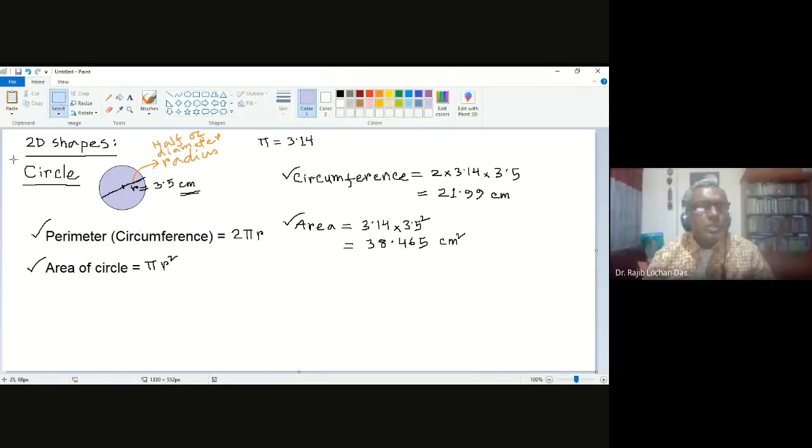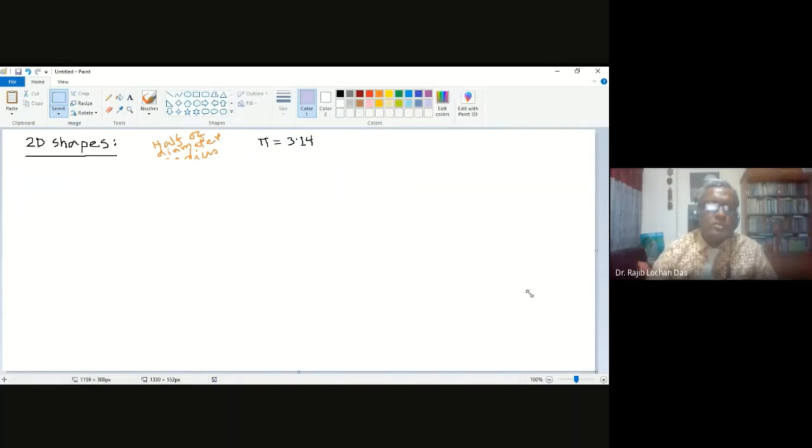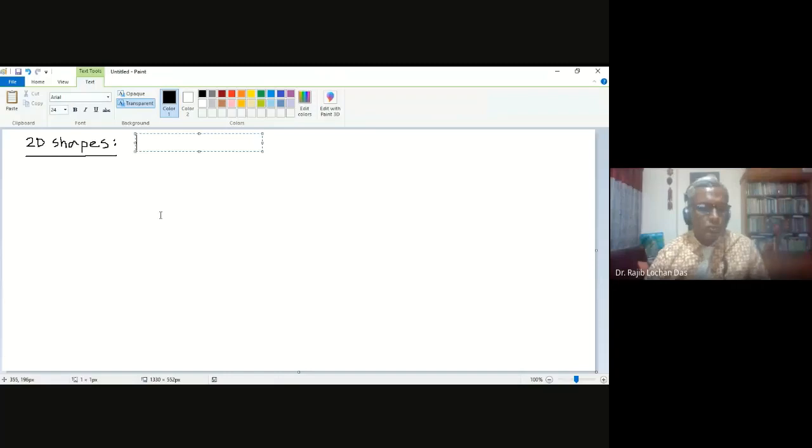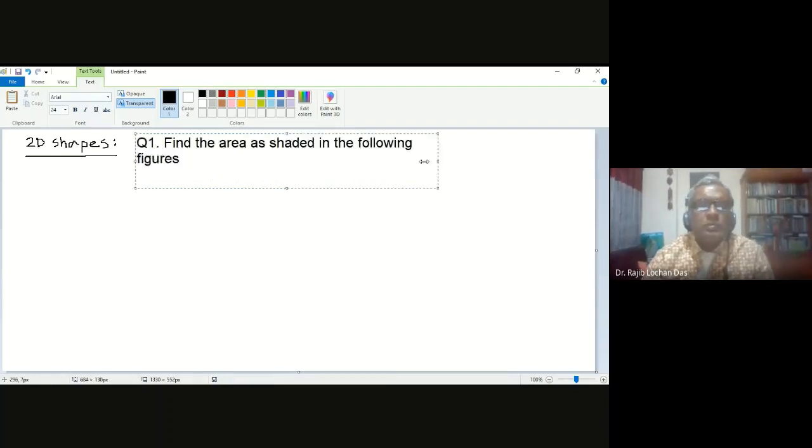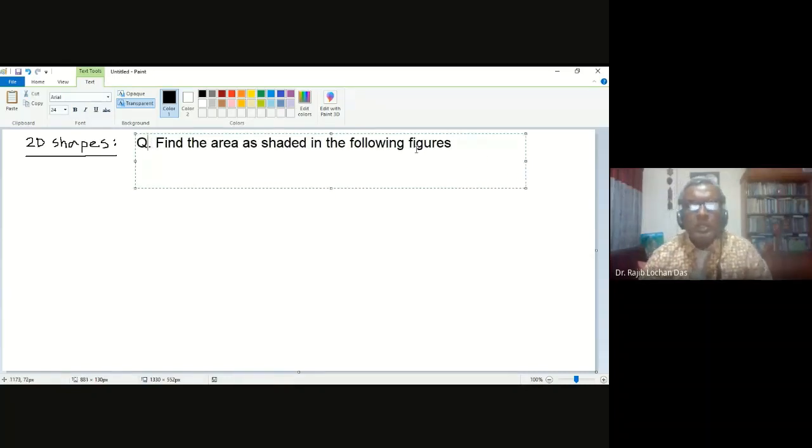Okay, good. So now let me show you some combined questions. Say question number 1: find the area of the shaded part in the following figures.